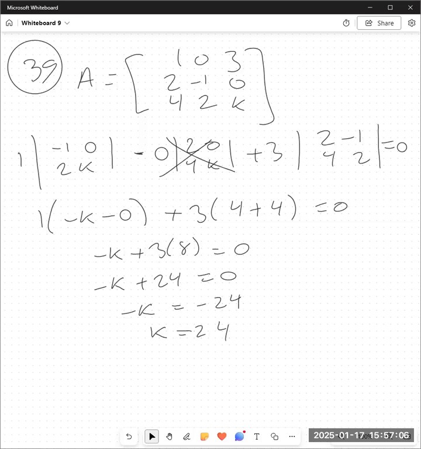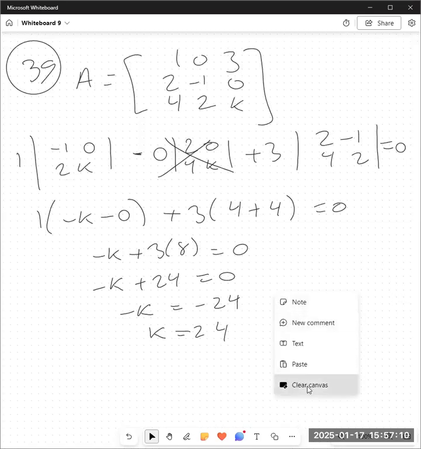Let's move on to number 47, which is a multi-part. Part A of this problem asks me to find the determinant of A transpose. A transpose of a matrix is switching the rows and the columns. Part B asks me to find the determinant of A squared.